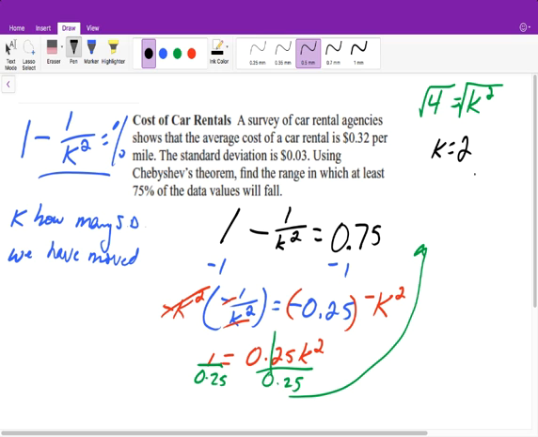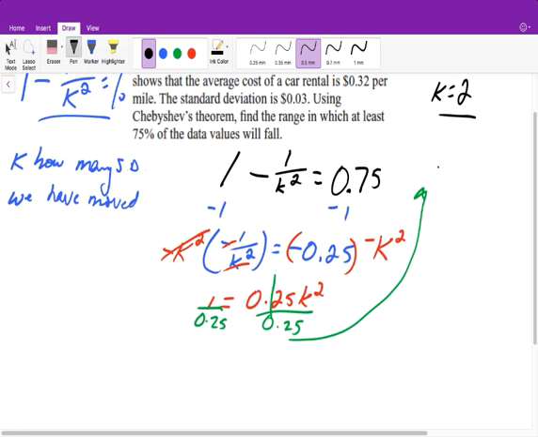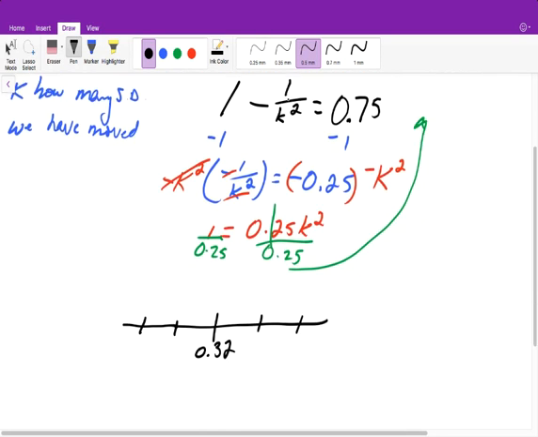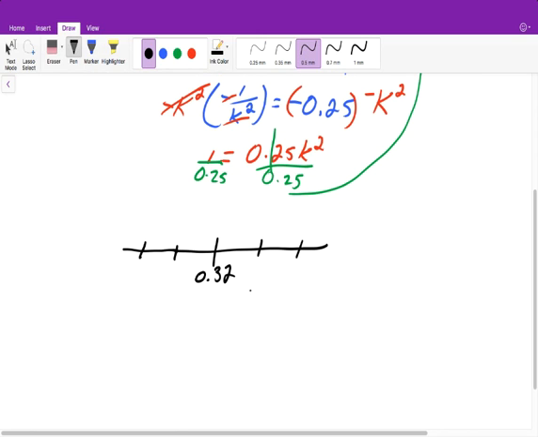So that tells us how many standard deviations we need to move away from our mean. So what I will suggest that you can maybe do, just to identify what this number is, draw a number line and put the mean first. And then however many your k is, that's how many tick marks we need to move. So 1, 2 in both directions, 1, 2. And our standard deviation is 0.03, so that tells us how much we're moving along our x-axis.